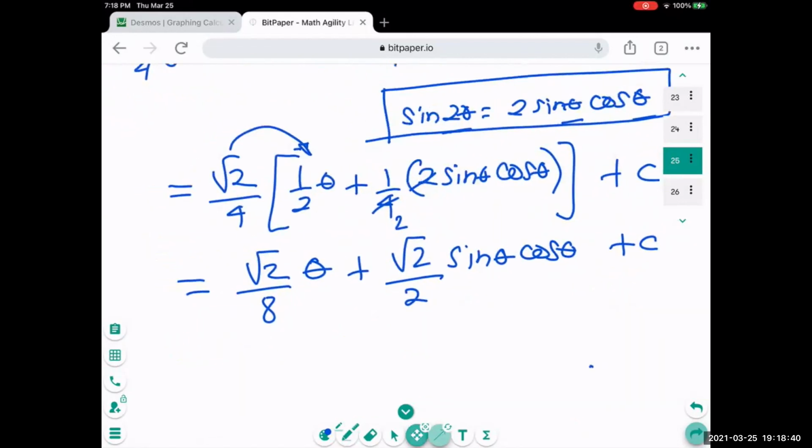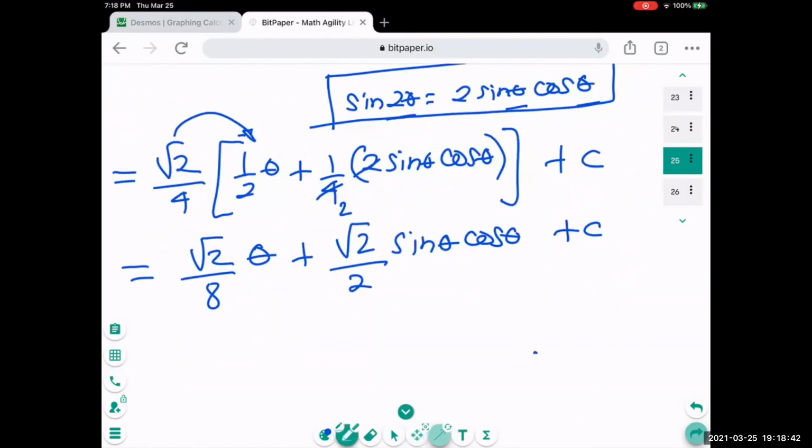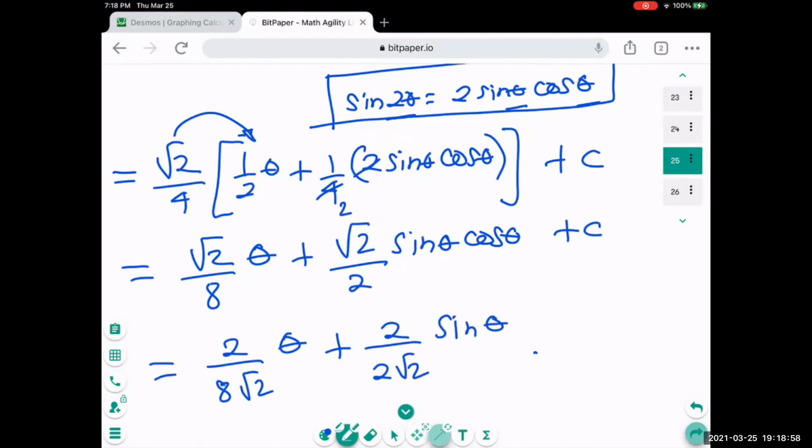So let's multiply the numerator and denominator by square root of 2, right? So this would mean 2 over 8 square root of 2 theta, and then 2 over 2 square root of 2 sine theta cosine theta plus c.